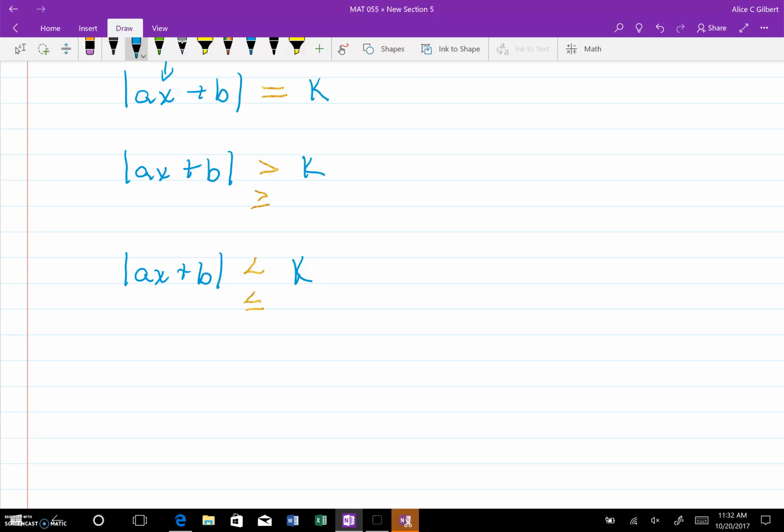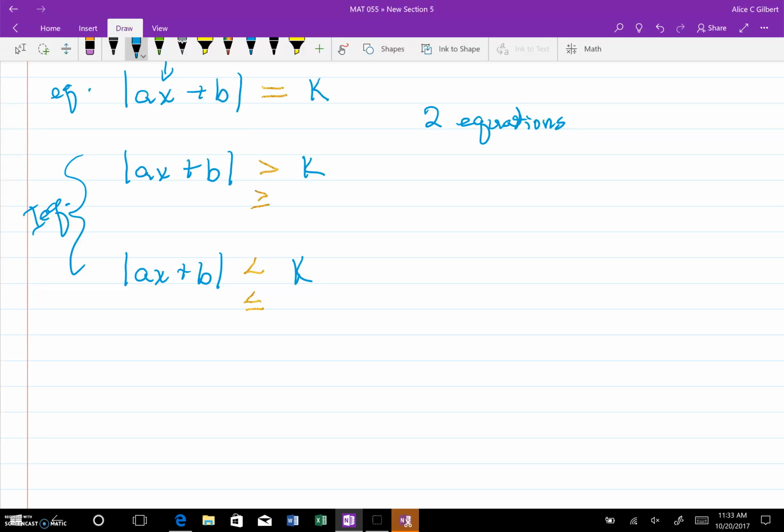All right, so when you are doing these equations or inequalities, because this one's an equation and these two are inequalities, okay? When you are doing that, if the sign is equal, then you are going to write two separate equations.